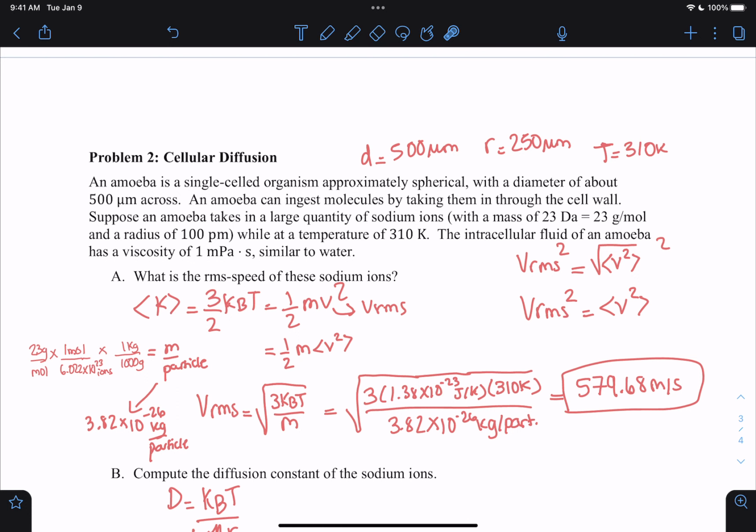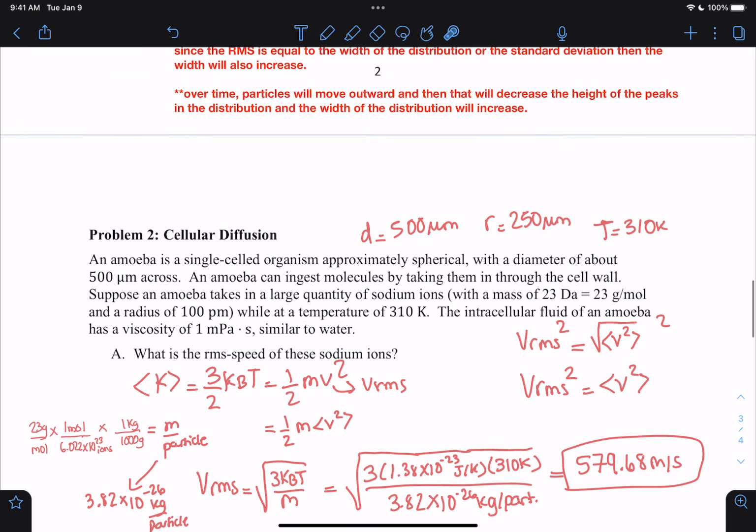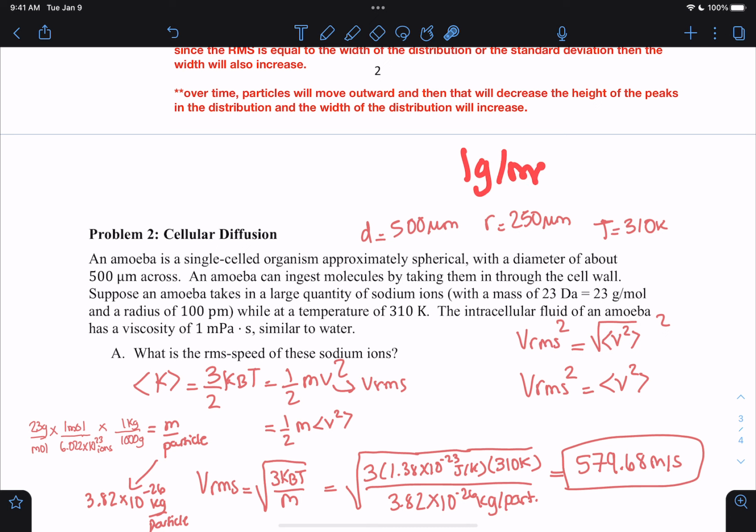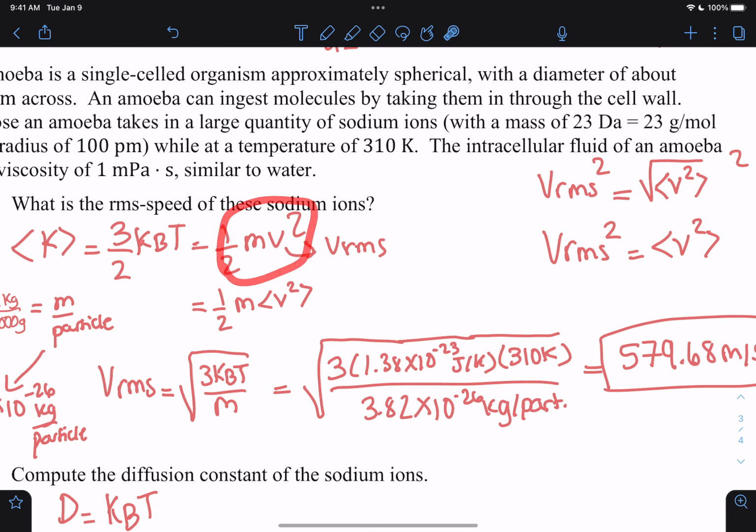But basically we have to make up for that issue with the SI units, because we know that this is grams. We have to convert it to kilograms to make sure that things are SI units for physics.